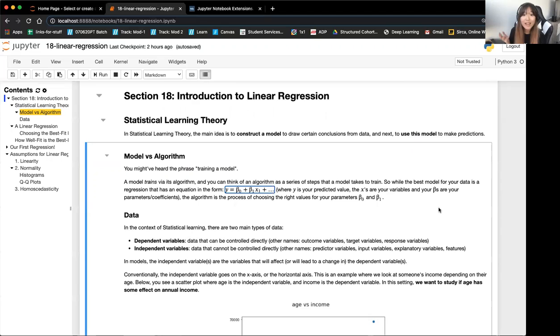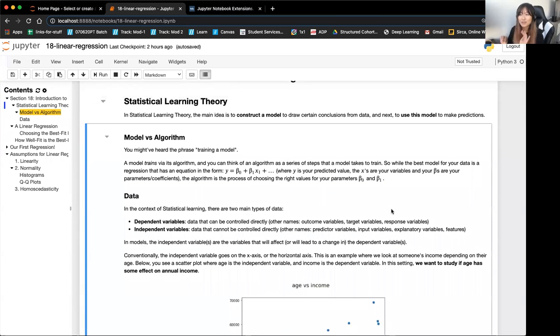In the case of housing prices, y, the price of a house, can be expressed as an equation of some constant value, plus some other parameter multiplied by, for example, number of square feet. The idea of performing a linear regression is to get the best values of betas such that this equation will predict the housing prices as well as you can. Cool. So that's what a model and an algorithm are. The algorithm trains the model.